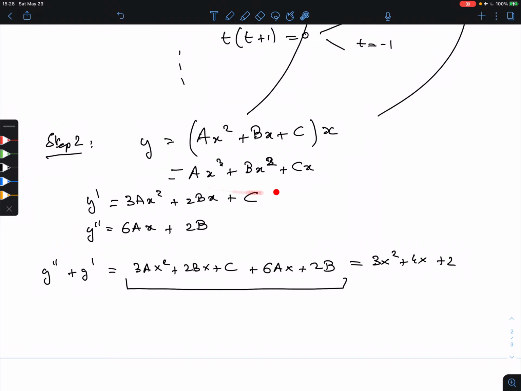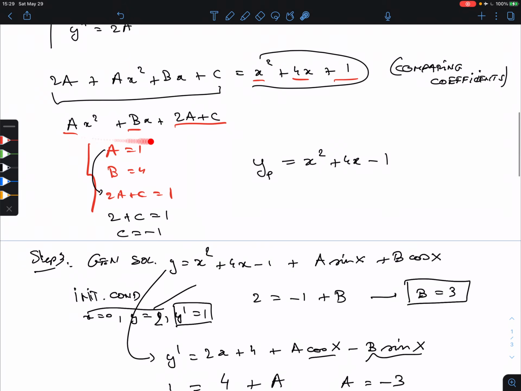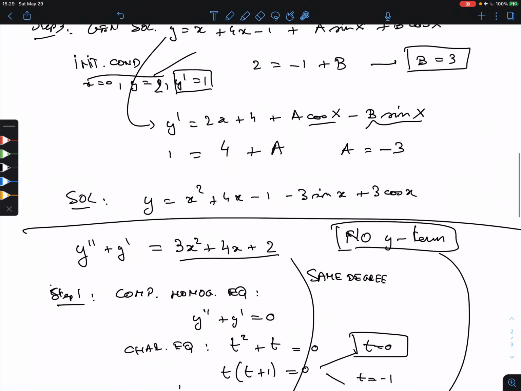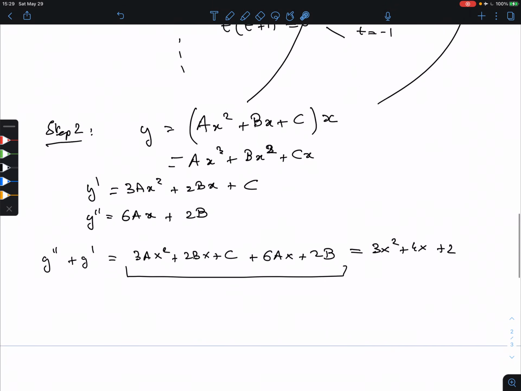Before, this was a polynomial of degree 2 and we plugged it in and we got a polynomial of degree 2. Here we plug in a polynomial of degree 3 and we also get a polynomial of degree 2. Why is that?